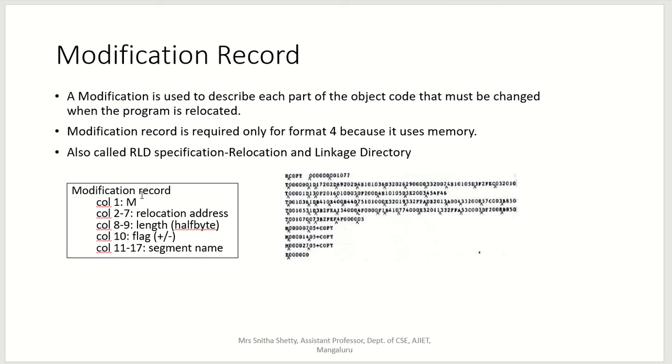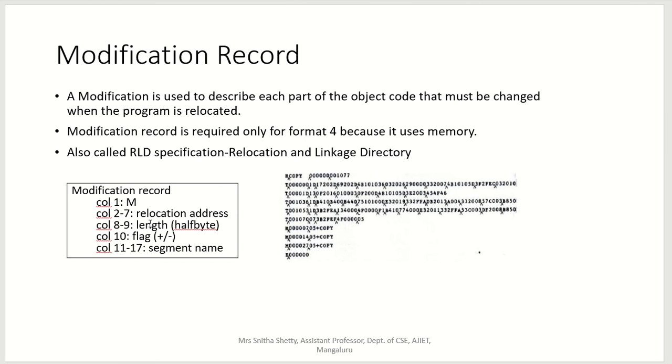So the modification record contains 17 fields. The first one, column 1, is M. What is the meaning of M? M indicates that it is a modification record. Column 2 to 7 is the relocation address.